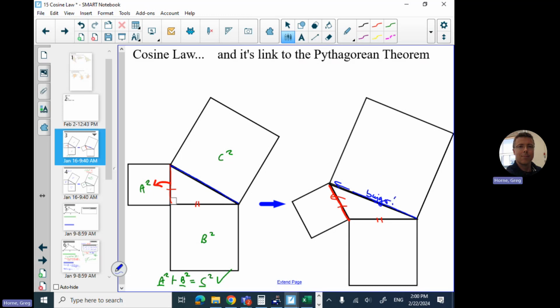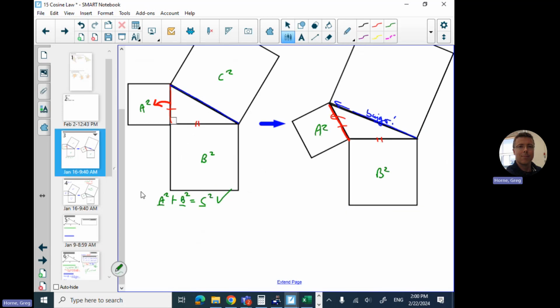So now if you're looking at a squared plus b squared, that same relationship is not going to be true anymore. So a squared plus b squared in comparison to, I don't want to say equals yet, but in comparison to this new c squared, the new c squared is bigger.